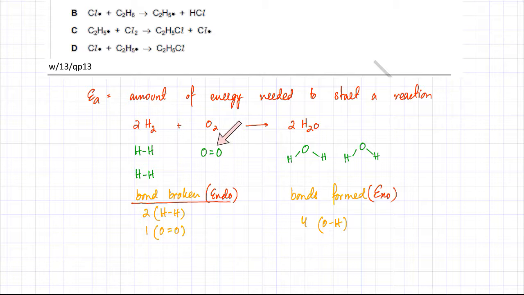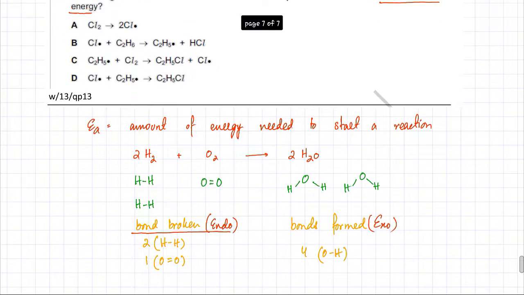If it requires considerable energy to break the oxygen-oxygen bond, the reaction would be very difficult to carry out. Any reaction that requires very little energy, or doesn't involve bond breaking at all, would happen at a very fast rate and have a very low activation energy.